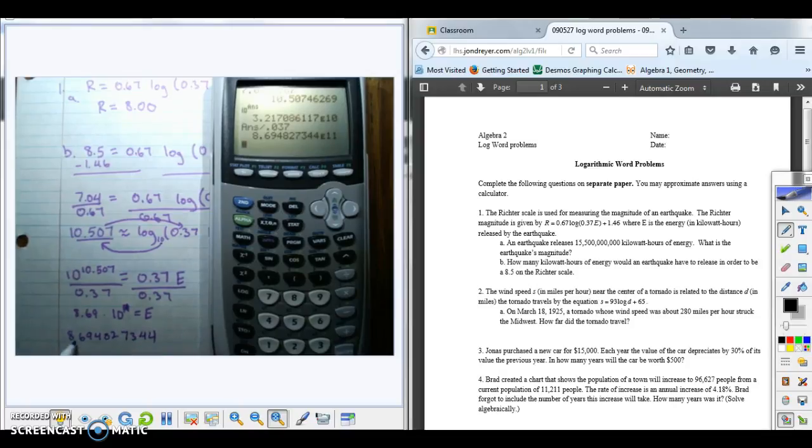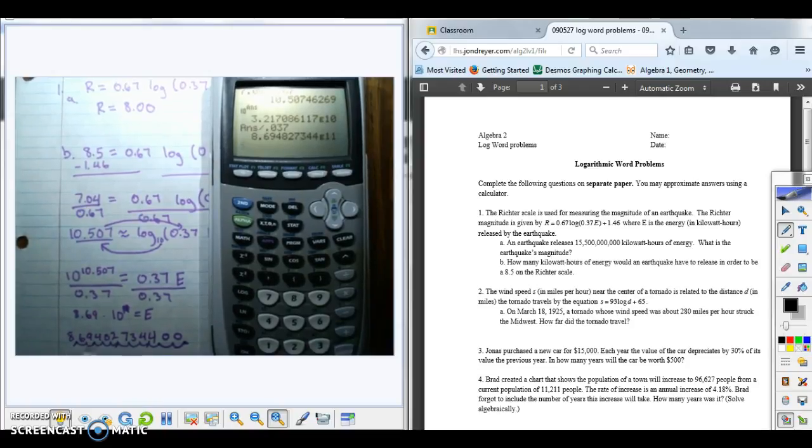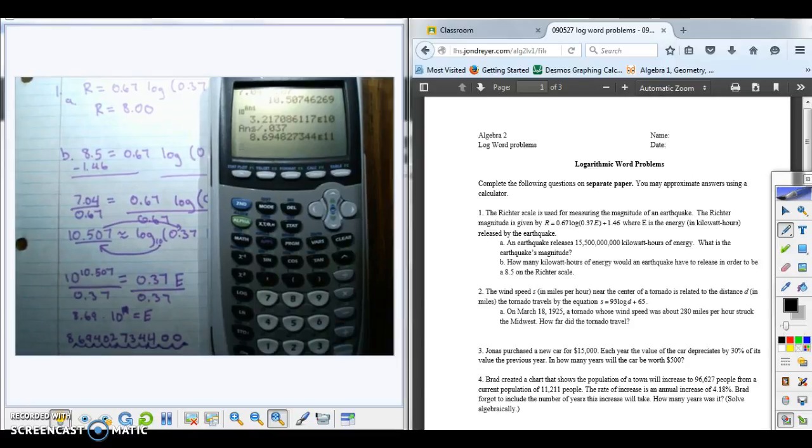If I write it all out, I need to start here and move 11 times. 1, 2, 3, 4, 5, 6, 7, 8, 9, 10, 11. There's my decimal point.